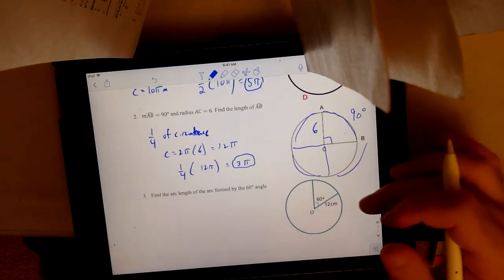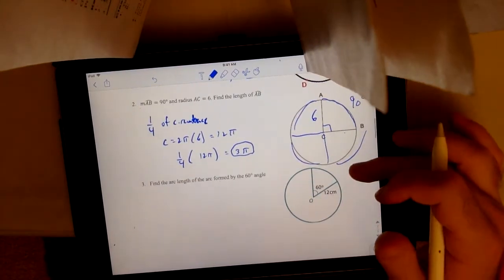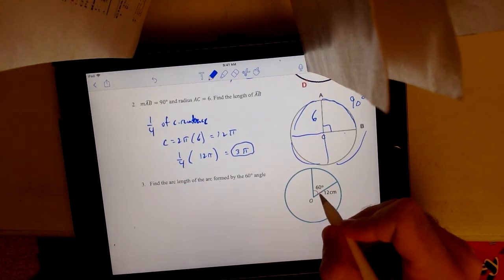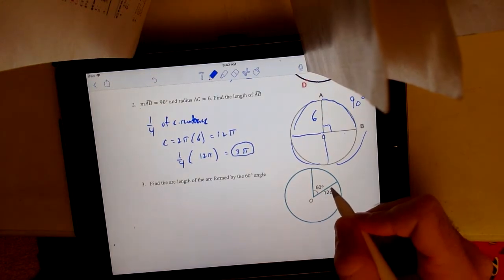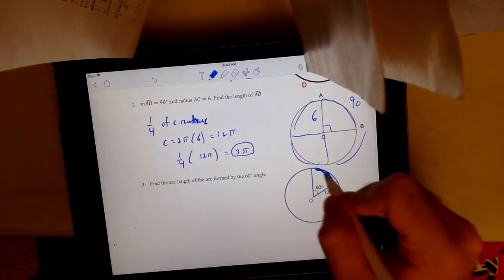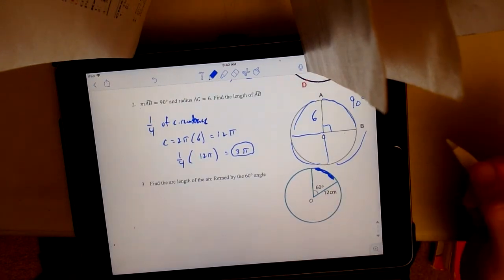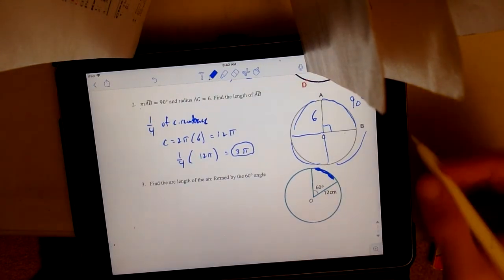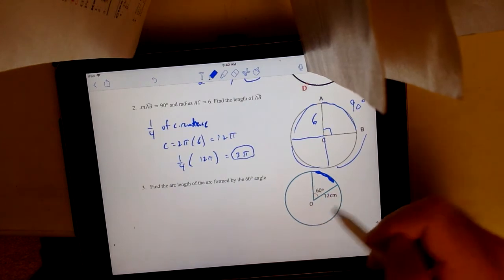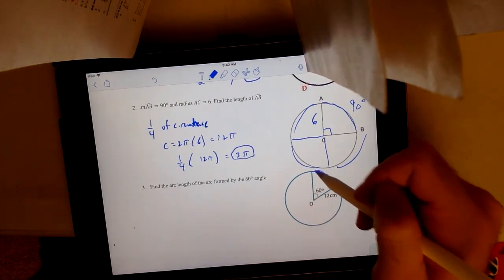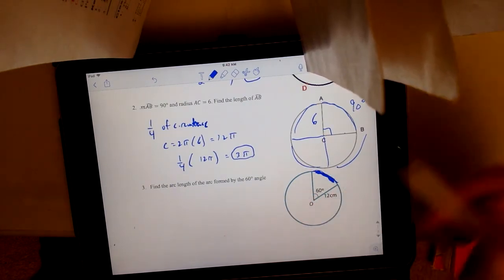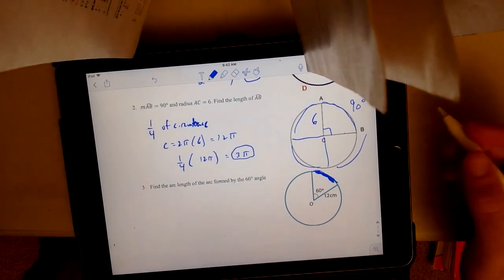And lastly, now we get towards our formula. If we have a 60-degree angle and a radius of 12 centimeters, how long is this? It's 60 degrees, but how long is it? It's hard to eyeball what fraction that arc length is of the total circumference. But we have a way of calculating it.